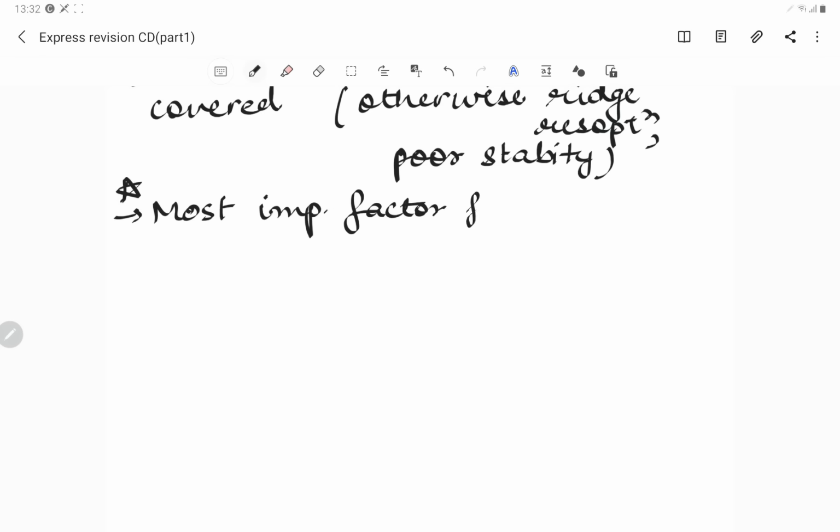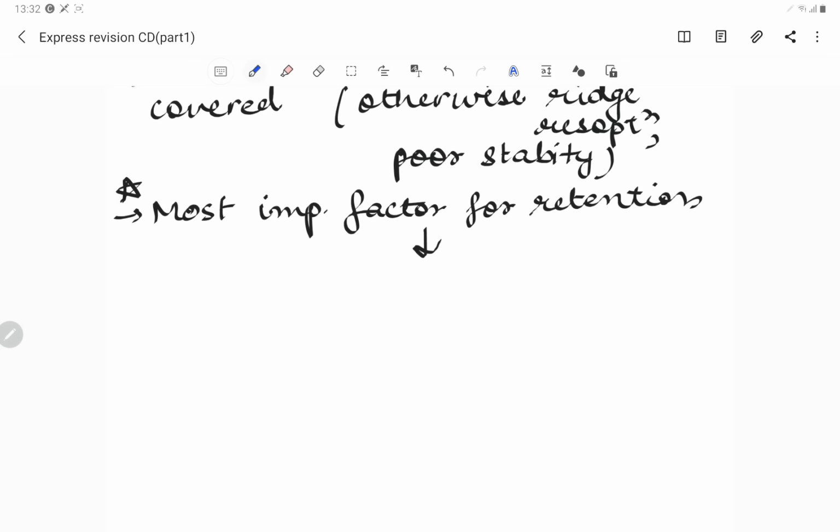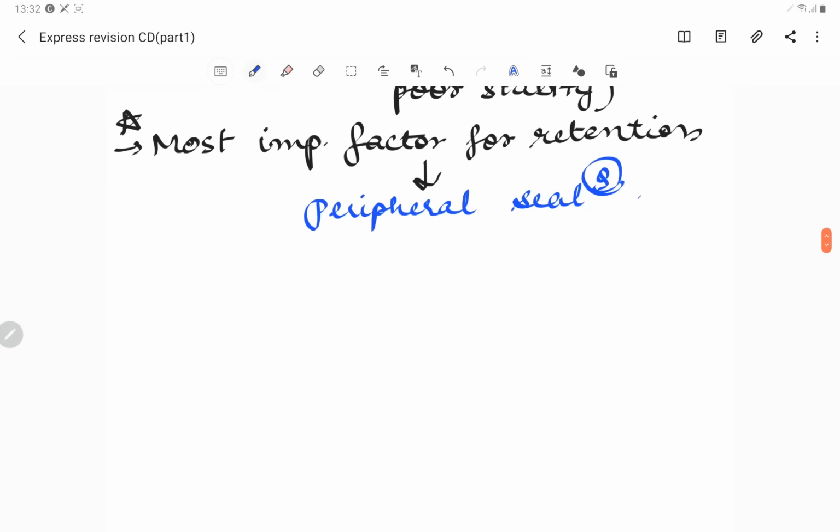So the most important factor for the retention is what? The most important factor for retention is the peripheral seal, right, and the secondary peripheral seal.